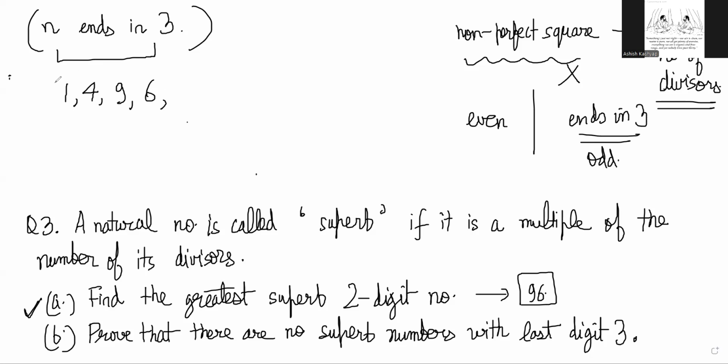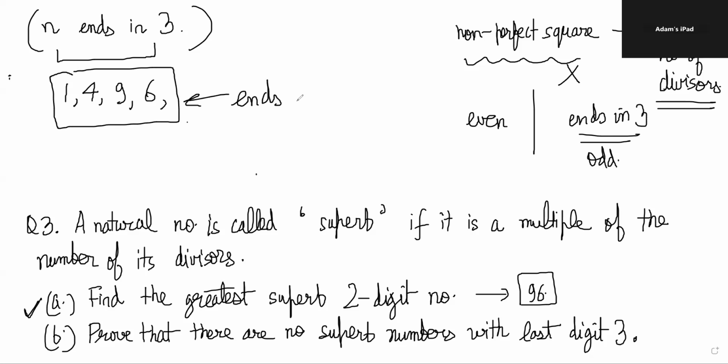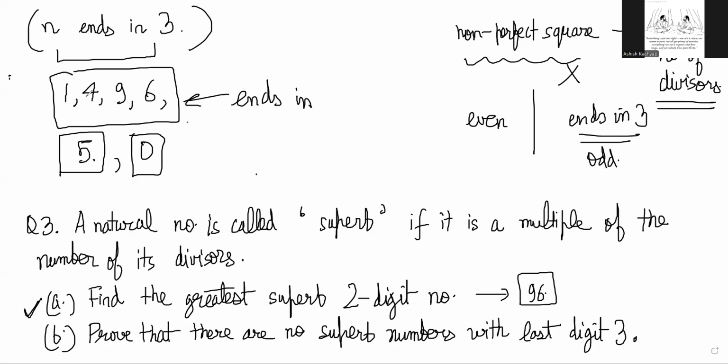When you do 9, it is 1. And 5 also, and 0 also, but nothing other than these. Which means this is not a square number. And because it is not a square number, it has an even number of divisors, and then it cannot be divisible by the number of divisors. Noah, are you understanding? Yeah.